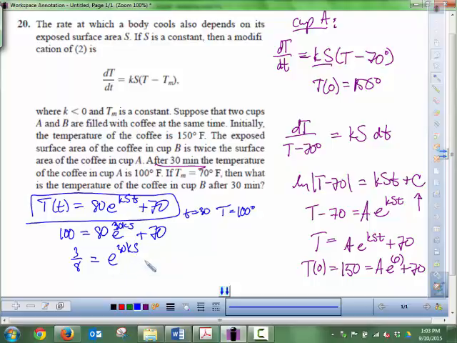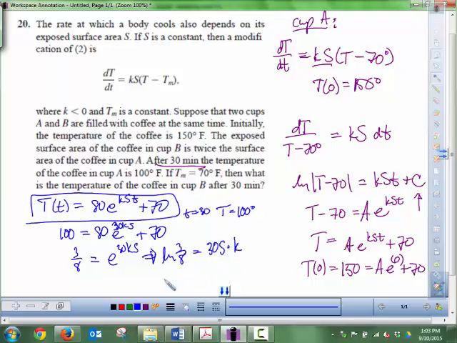And then we'll continue to solve for k. Take the ln of both sides. Ln of 3/8, it should be a negative number, right, is equal to 30s times k.